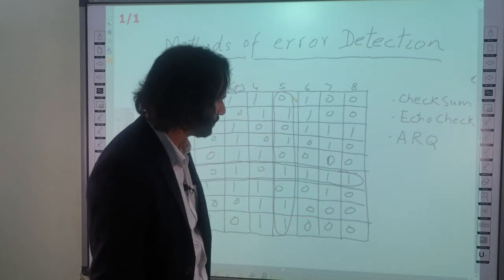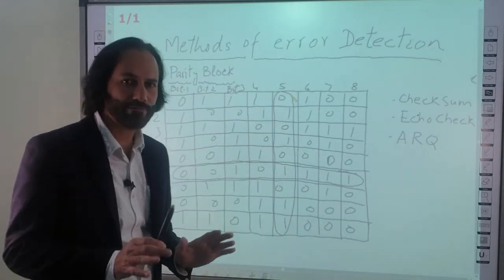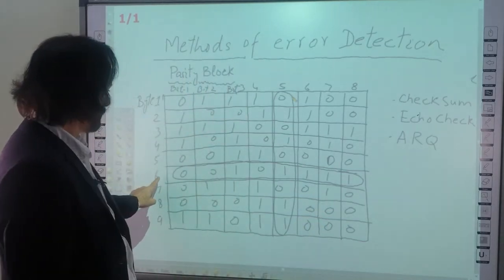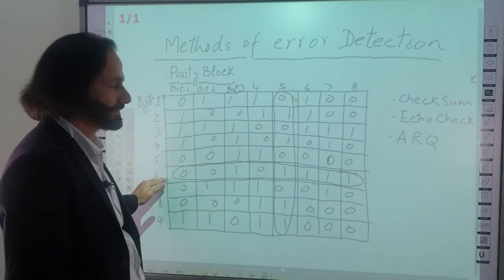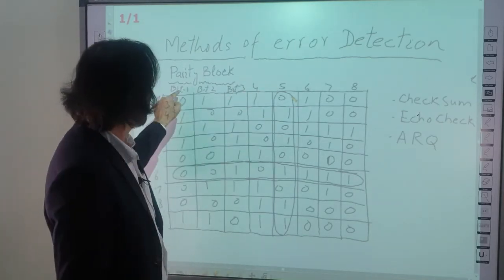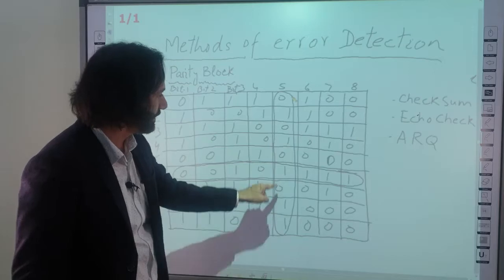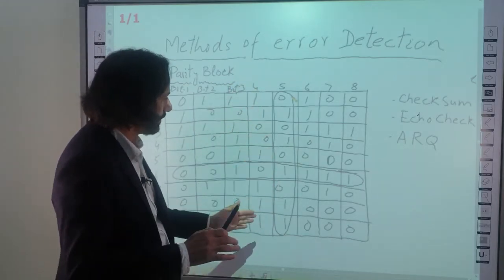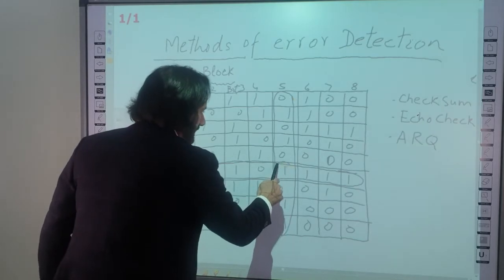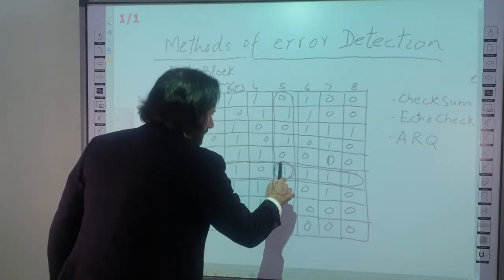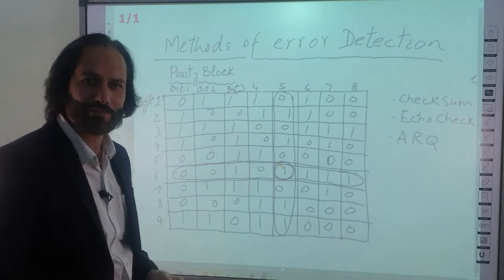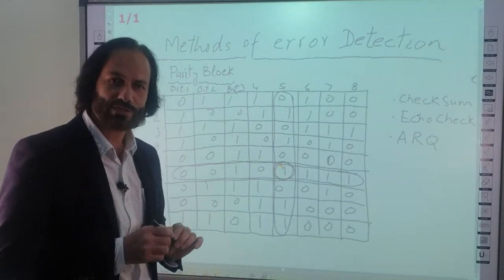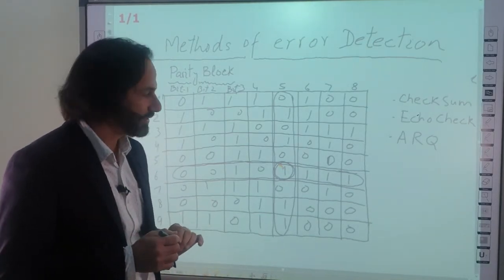1, 2. So finally we have selected row number 6, that means byte number 6, and the column number 5. So both the byte and the column, the bit, intersect at one point. So now we are able to trace which bit has been transmitted incorrectly.